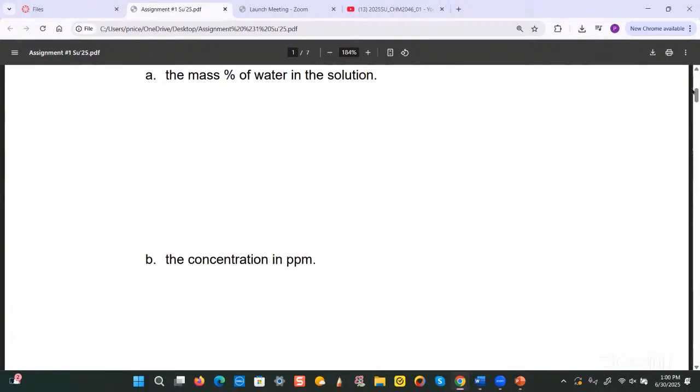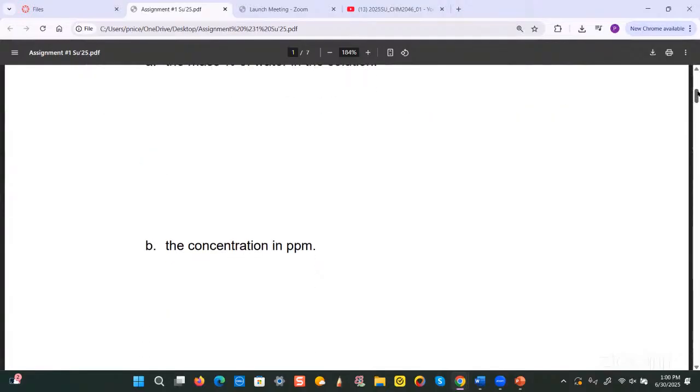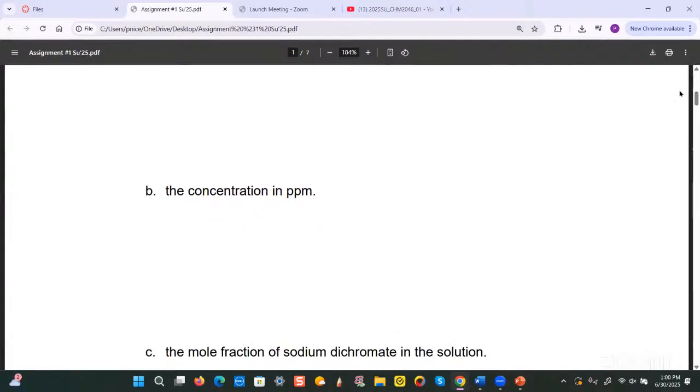So basically, you're going to divide... remember now, parts per million, ppm, is equal to mass of solute divided by mass of solution times 100%.